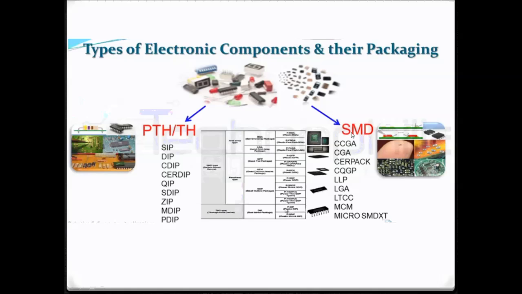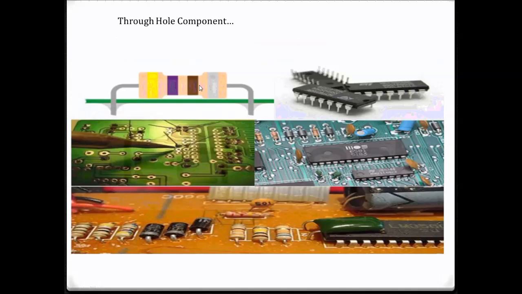SMD is nothing but surface mounting devices, where the devices are mounted on the PCB on the surface itself. But in the through hole system, the components are passed through holes in the PCB and soldered from the bottom. As you can see in this image, the resistor is passed through this hole and soldered from the bottom like this.